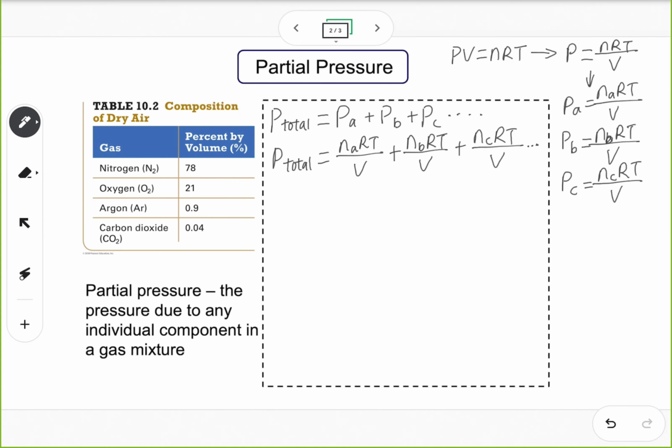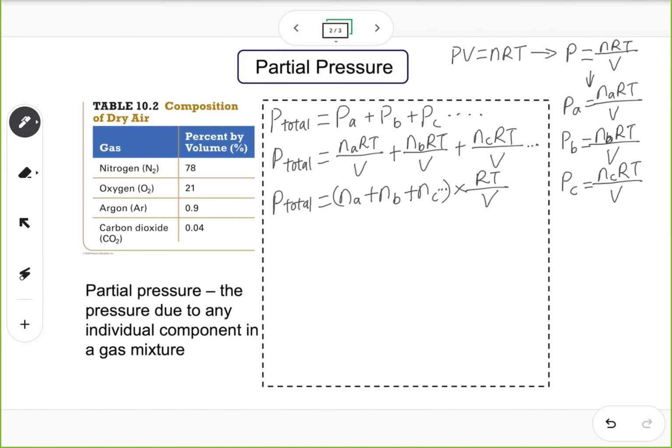As you notice, all of these three parts share something in common, that is RT over V. So you can extract these parts from all three items. That will give us P total equals NA plus NB plus NC, and keep going, times RT over V.